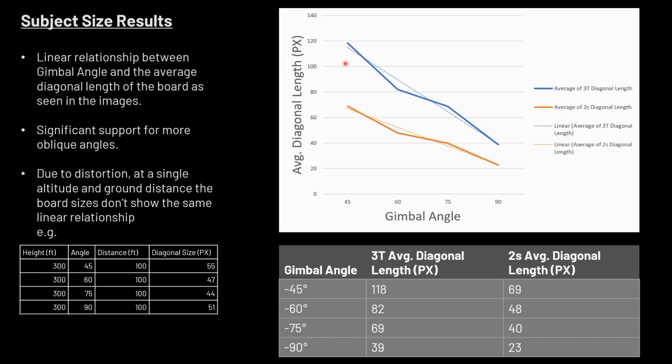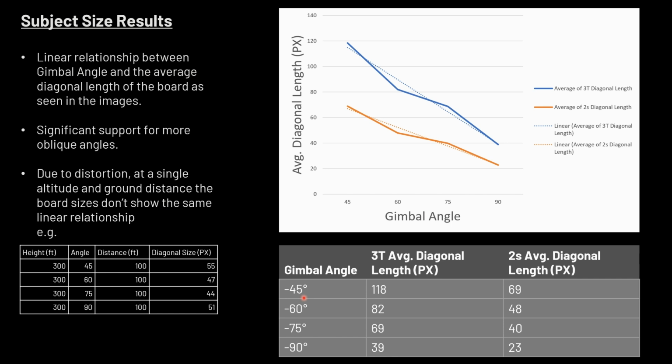We did see a very strong correlation between our gimbal angle and the perceived size of the subject in the images. So the closer we were to horizontal, or the more oblique angle we were at, the more visible the subject would be in those images, as we predicted.